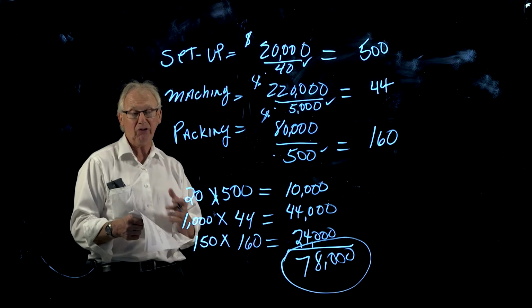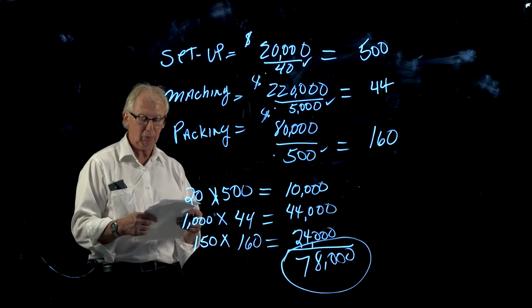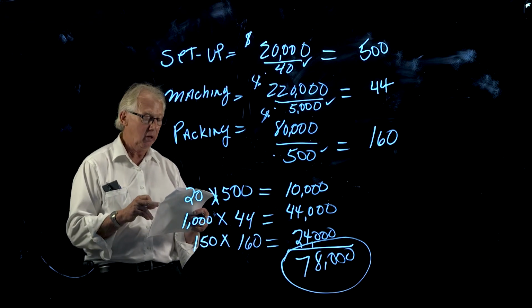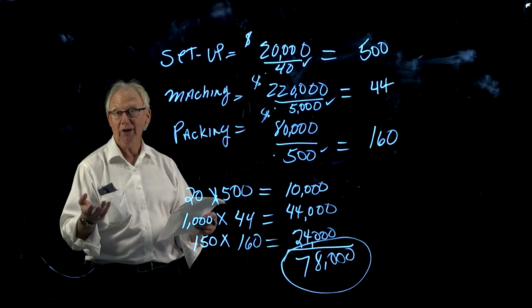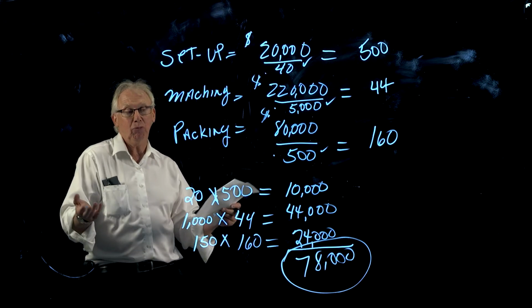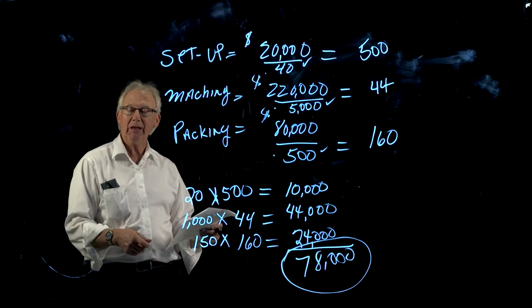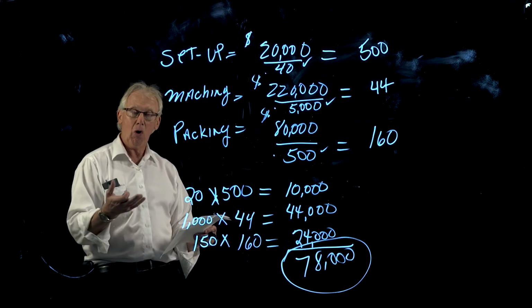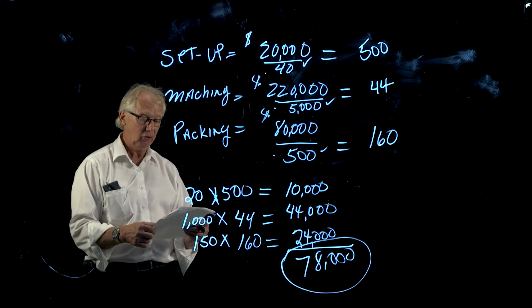It'll be pretty self-explanatory like it is in this problem. Machining can be associated with machine hours, setup, number of setups, packing, orders packed. It's kind of common sense that you can associate the driver with the cost. So all that information will be given to you.